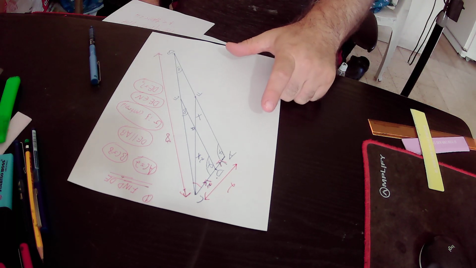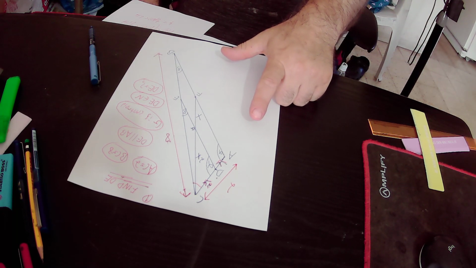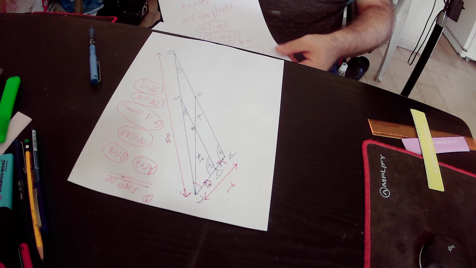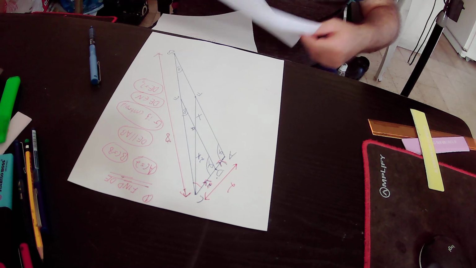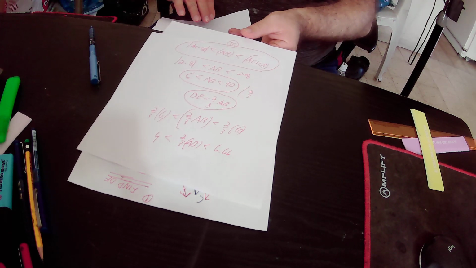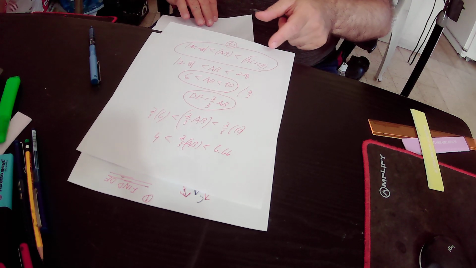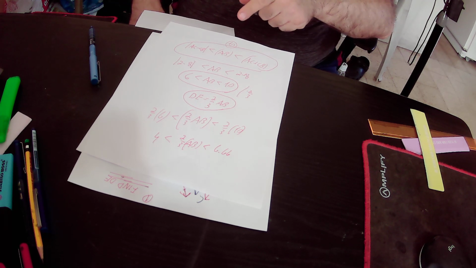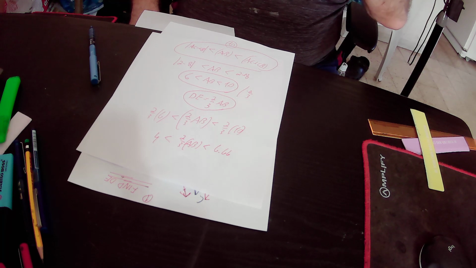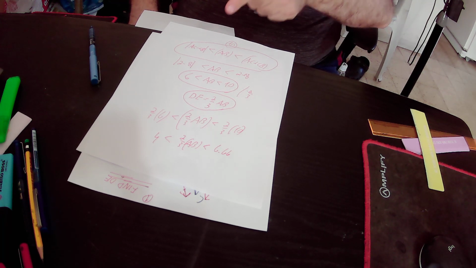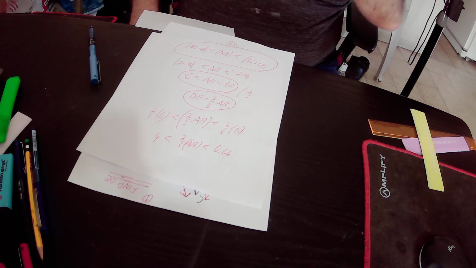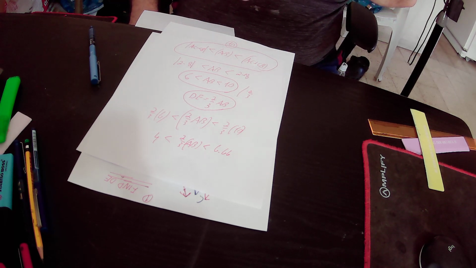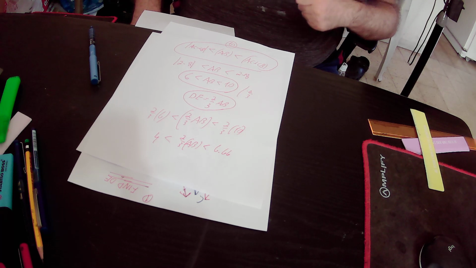For side AB, we know that AB will be smaller than the sum of the two other sides, that is AC plus CB, and greater than the difference between the two other sides, AC minus CB. And we know that AC equals 2 units and CB equals 8 units.